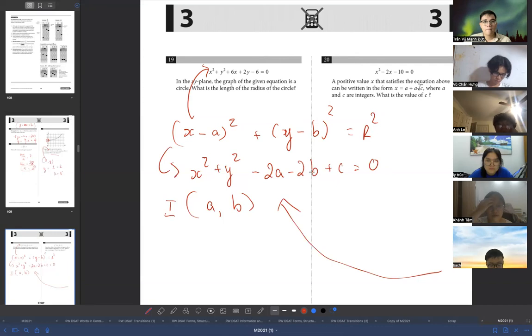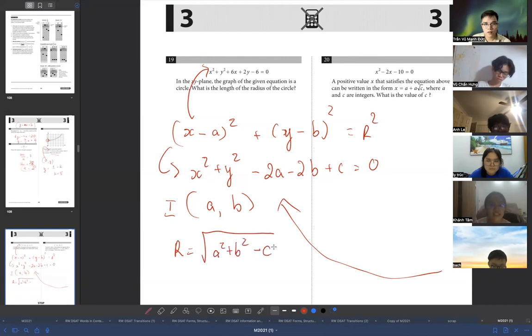So the formula of the radius is the square root of a squared plus b squared minus c. We have a is 3 squared.